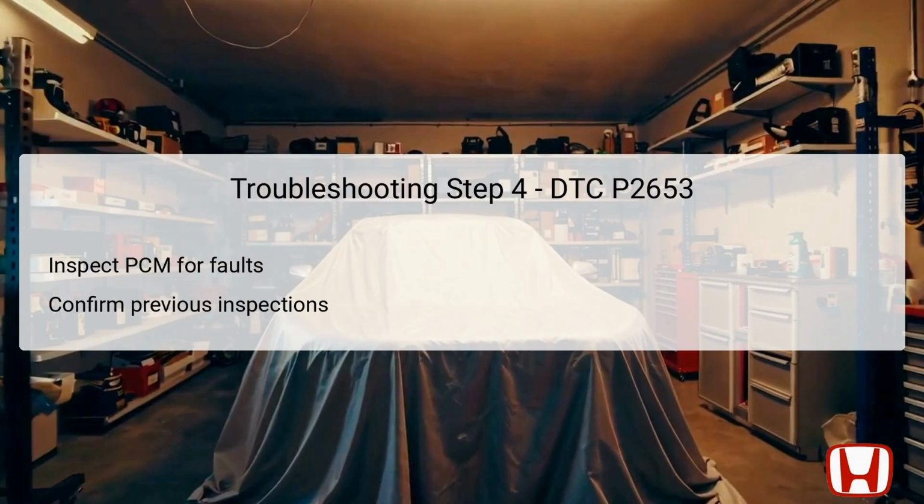Any malfunction within it can lead to erroneous readings or codes being triggered. It is important to evaluate whether the PCM is receiving and sending signals correctly. If a malfunction is confirmed, replacing or reprogramming the PCM becomes necessary to resolve the issues associated with DTC P2653.